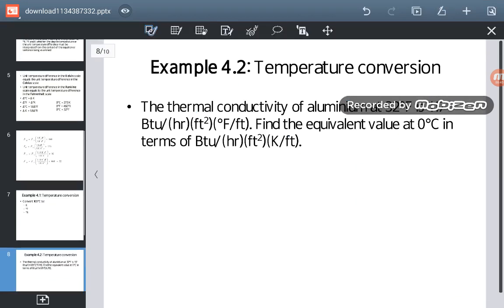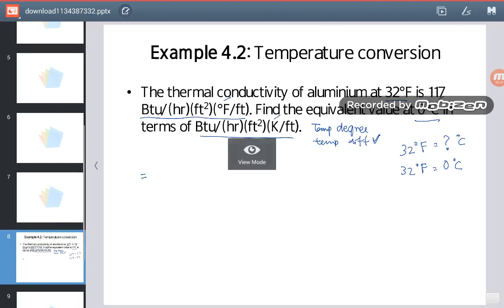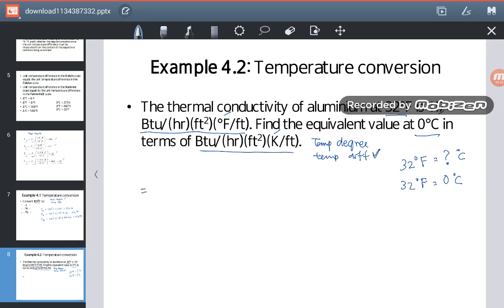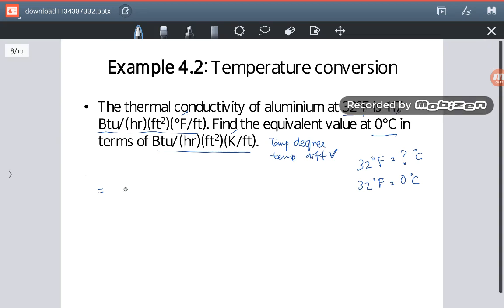I'm going to show you the way to answer it. I like to draw a long line here so that we can differentiate between different sections.